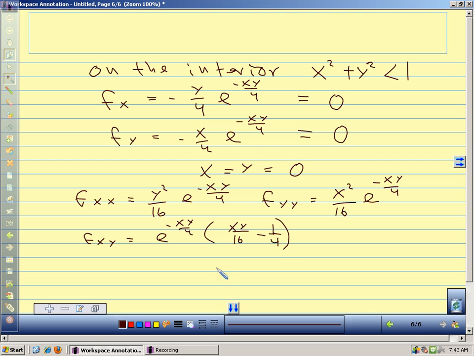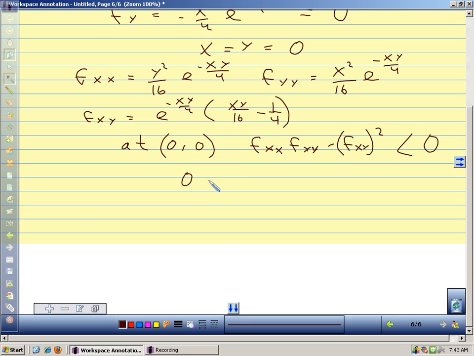And at 0, 0, our second partials test, f sub xx times f sub yy minus f sub xy squared, is less than 0. So 0, 0 is a saddle point.